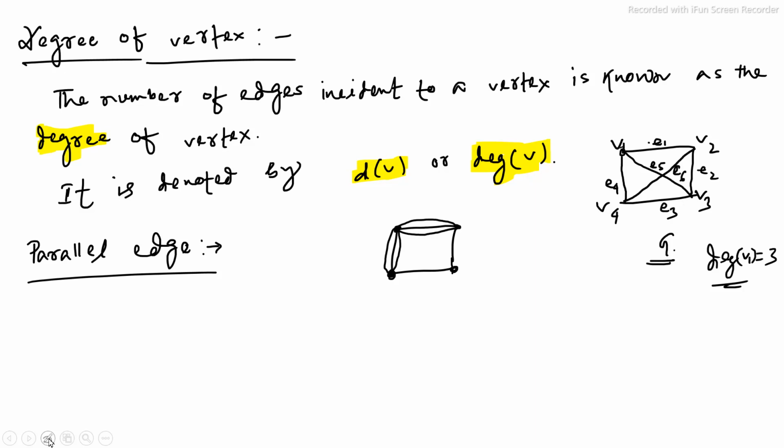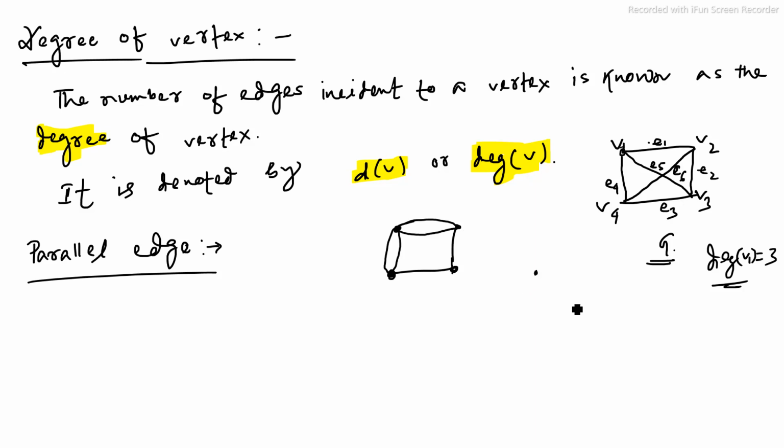Or you can also draw this. So this is not a simple graph. This graph has parallel edges because of this type of edges. If any graph has this type of edges, then that graph has parallel edges.